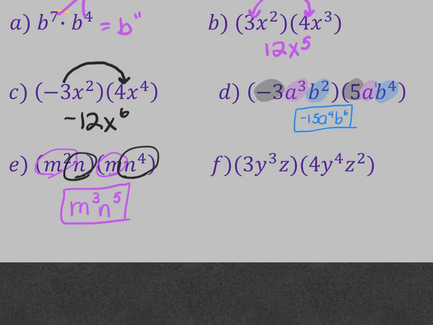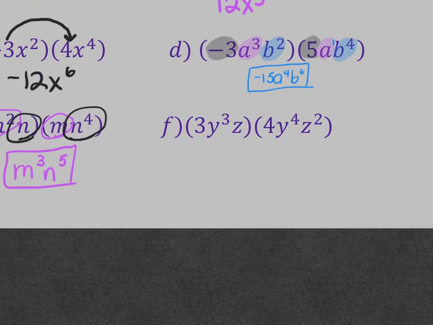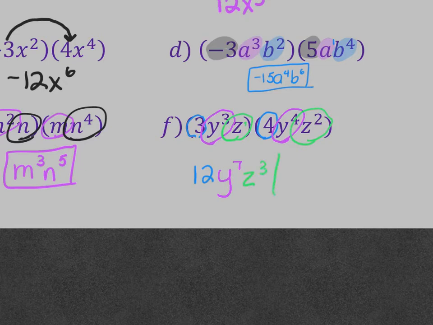And last one on this screen, I've got my coefficients 3 and 4, which would give me 12. I've got my variable y to the third and y to the fourth, which is y to the seventh. And I've got z to the first and z to the second, which is z to the third.